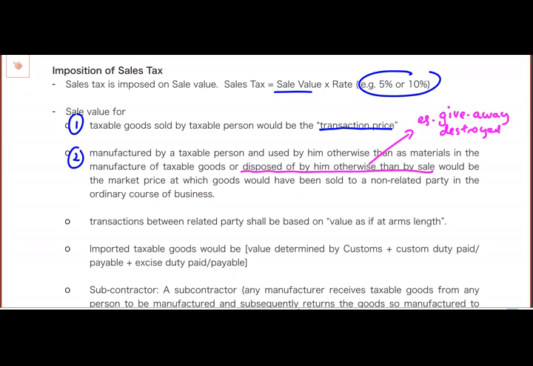So long as you are not selling, then you still have to impose sales tax at the market price as if you're selling to a non-related party. So just market value.